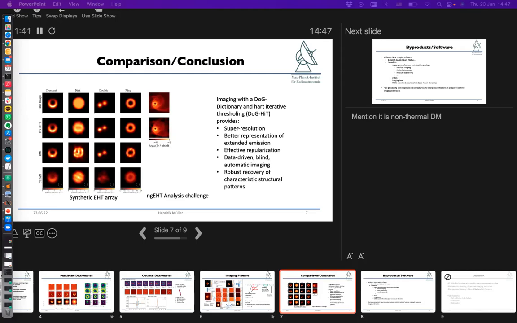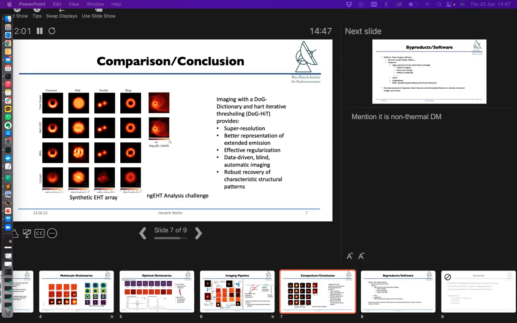We can probably use this algorithm as a black box to get a good initial guess or a good starting point for more flexible other imaging algorithms. And in the end, we were also thinking that this is, of course, giving us some kind of robust discovery of characteristics or structural patterns.